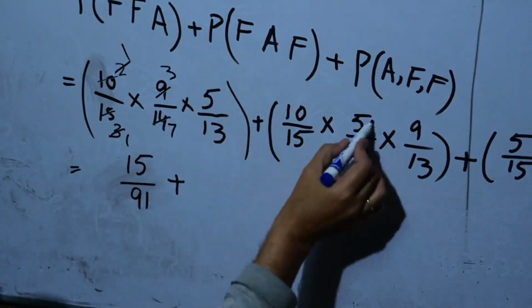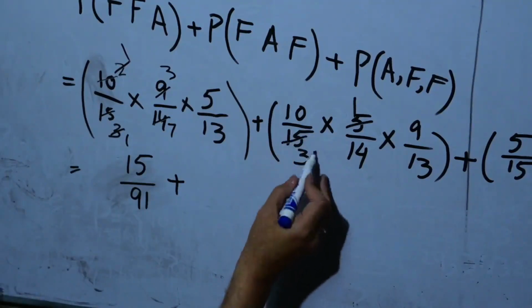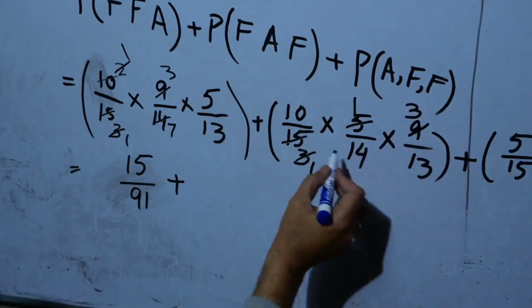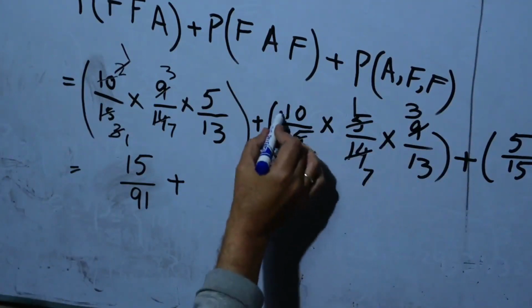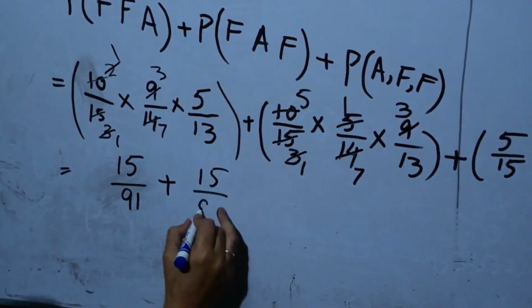Plus 5 ones are 5, 5 threes are 15, 3 ones are 3, 3 threes are 9, 2 sevens are 14, 2 fives are 10, 5 threes are 15 over 91.